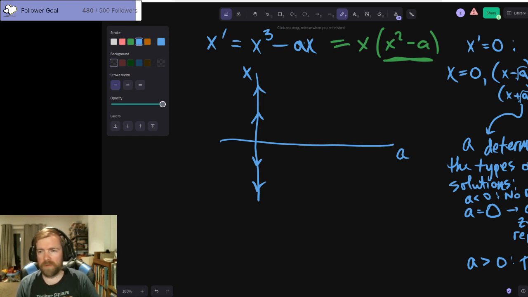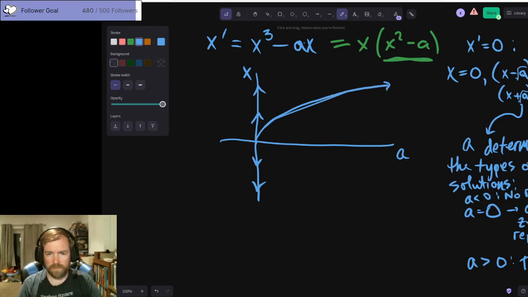All right, and then the next ones we're going to be at x equals plus or minus the square root of a. These are going to make square root functions.